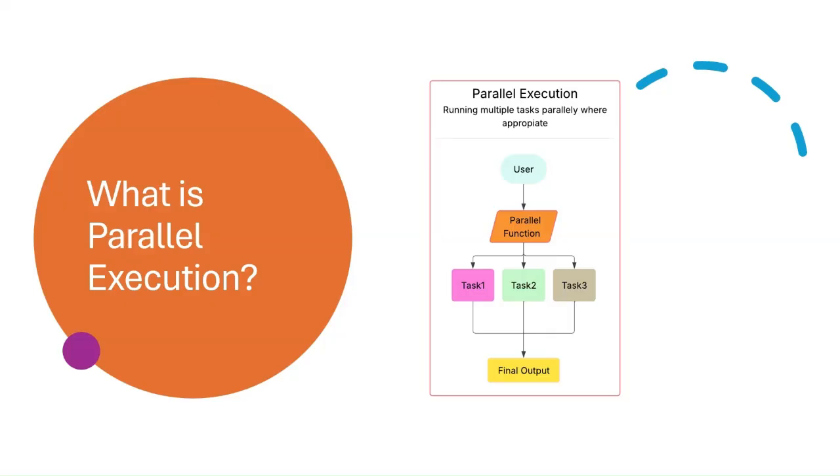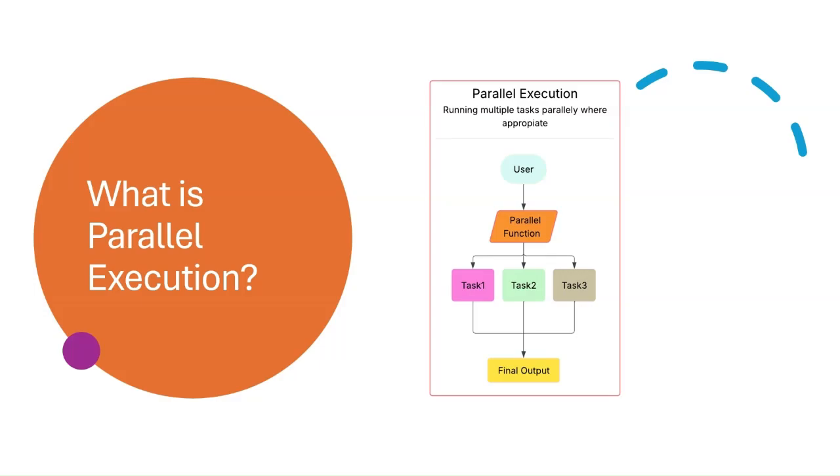Alright, so what is parallel execution? It is the idea of running multiple tasks like LLM calls, tool usage, or even subagents simultaneously instead of waiting for one to finish before starting another. The key logic is simple: identify tasks that are independent of each other and execute them together.